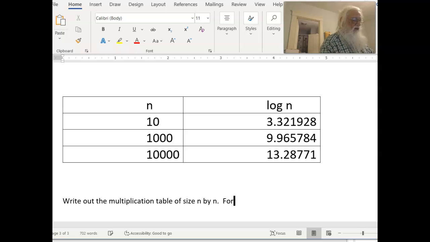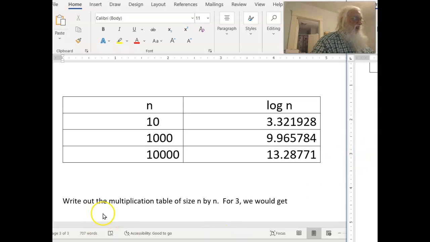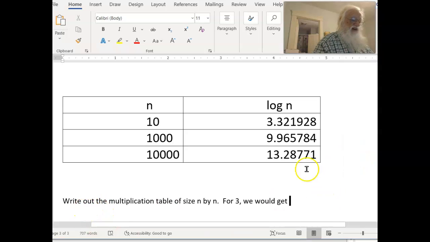So for 3, we would get, and again I have this off here so that I don't have to think about putting it in. Give me a second. And this is what we would get.